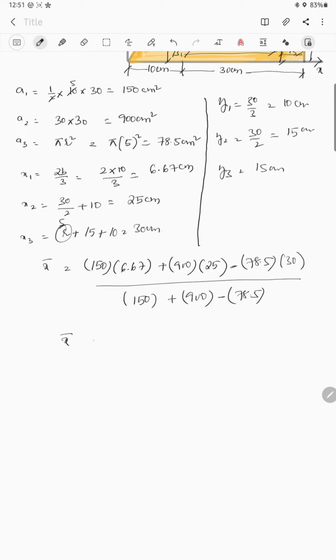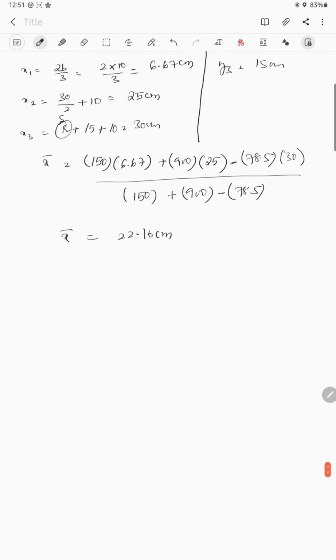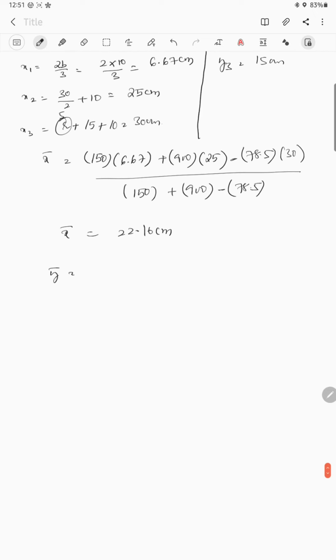So x bar will be equal to 22.16 centimeters.